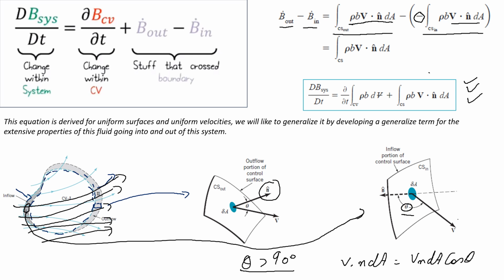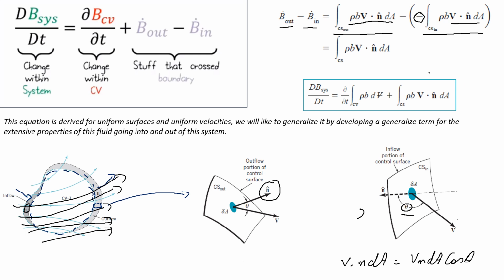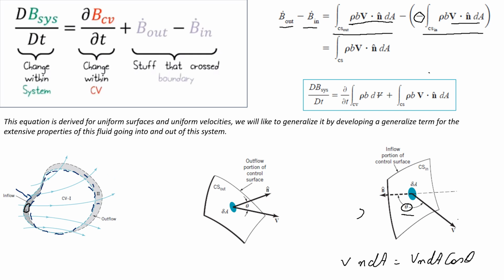So let's again go through why we have done all this. We were more concerned about a relation between our system and our control volume. Our system was our fluid and our control volume was the geometry that is fixed.